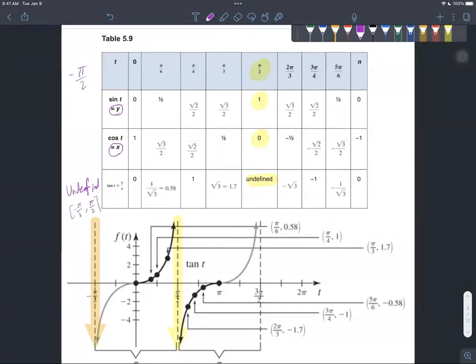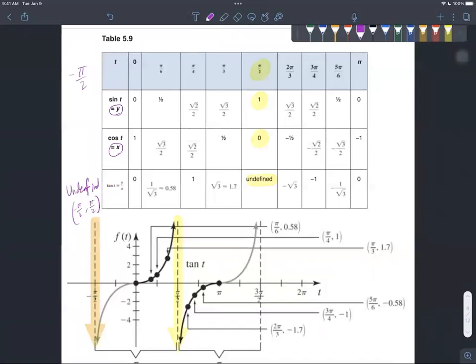This is the one that I like to graph. These should actually be round parentheses rather than square brackets, because the vertical asymptotes mean that the function is not defined at negative pi over 2 or positive pi over 2. Now if we read this from left to right, the function is increasing.